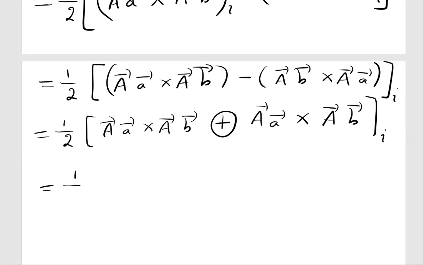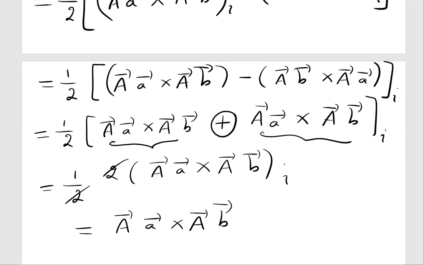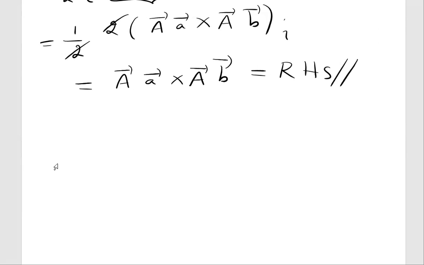So we have half. Now see this and this are the same, no? So it is twice A cross A, B, of course, I outside. 2 will get cancelled. So we get the vector. Yes. Components are same. So therefore, this is nothing but our RHS. Hence, the identity. Very simple identity. So let's stop now. And the next class will prove one more identity.